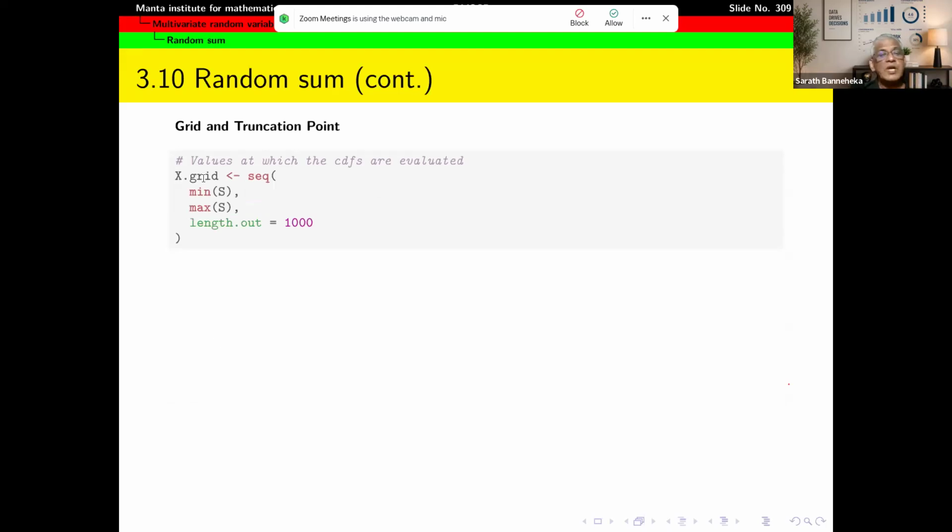And you can call it S grid. S grid would have been better name. But I'm considering it as sequence of minimum of those S values that we already have, because we want to compare theoretical and empirical one on that range. We don't need to look at values far away, right? So minimum S and maximum S, I'm going to divide that range into 1,000 numbers.